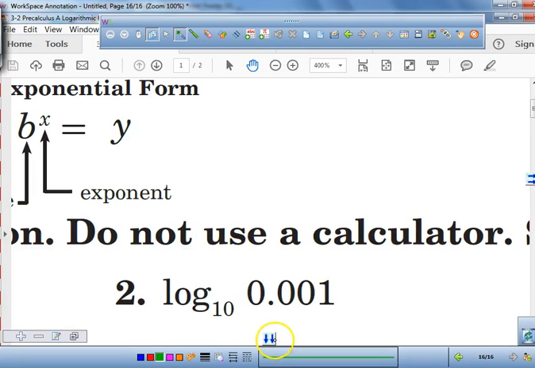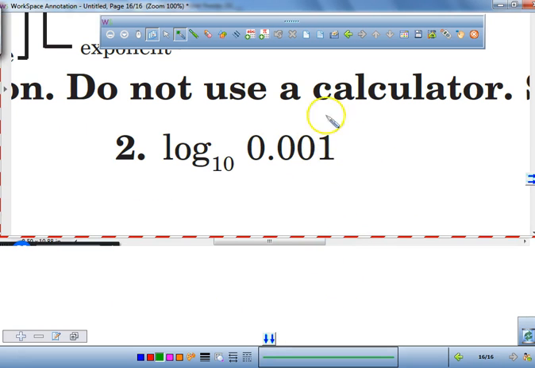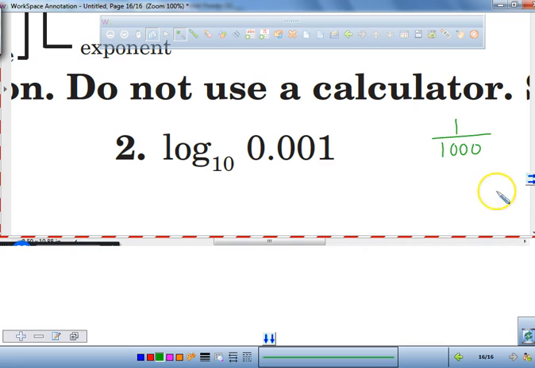All right, on problem number 2. What does this mean? What decimal is 001? 0.001. That's 1 over 1,000. 1 over 1,000 is the same as saying 1 over 10 to the power of 3.